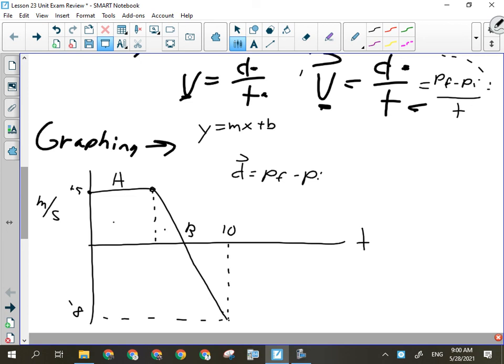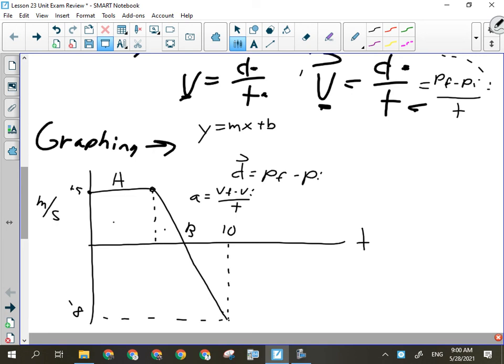I could also ask you, what's the acceleration in part B? Well then you would go, acceleration equals Vf minus Vi over t. We know the acceleration formula, right? So we'd have -8 minus 5 over 10, and we'd get 1.3 meters per second squared. It just happens I'm using the same graph, so we get the same numbers.